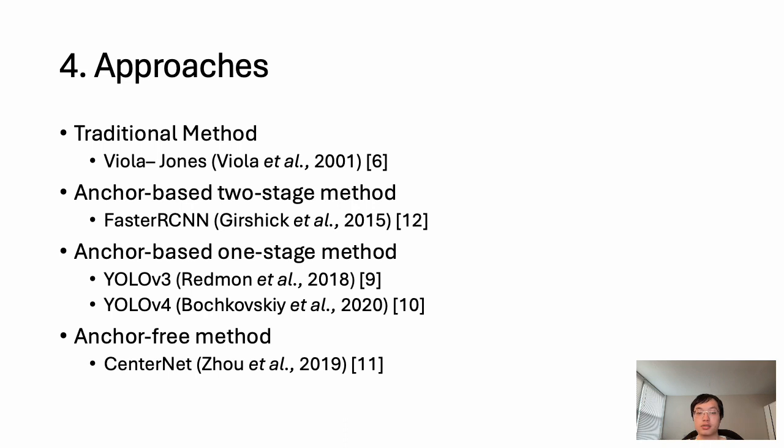Fast RCNN is one of the typical approaches, introduced in 2015, and then the anchor-based one-stage methods, the YOLO series. YOLOv3 and YOLOv4 are the two best models of the YOLO series, introduced in 2018 and 2020 respectively. Finally, we'll go through the anchor-free method. CenterNet we will discuss.